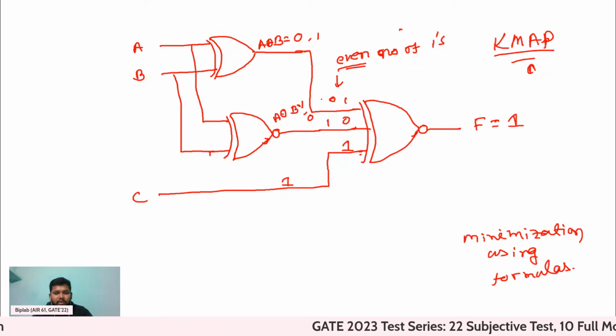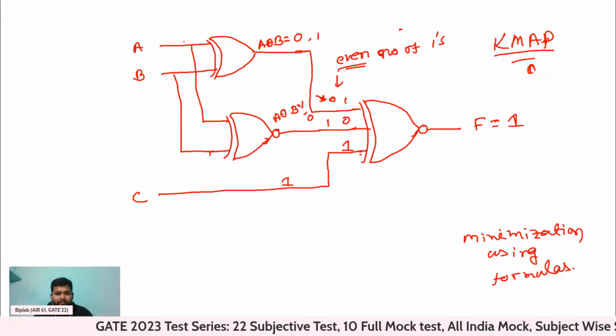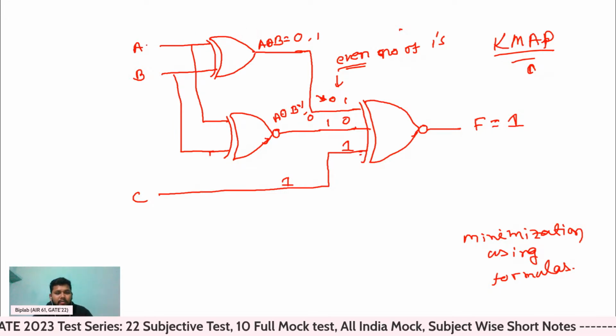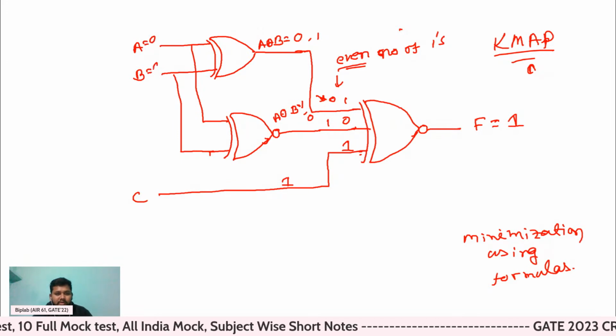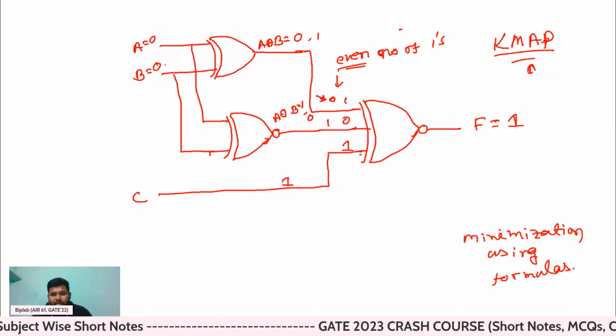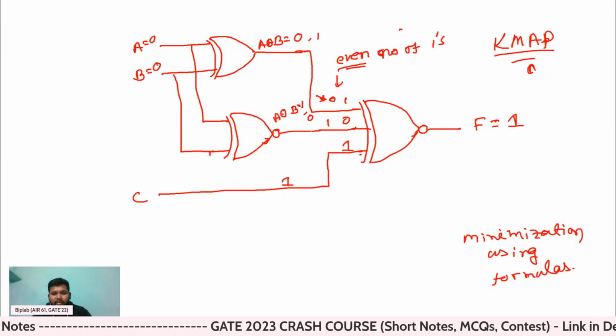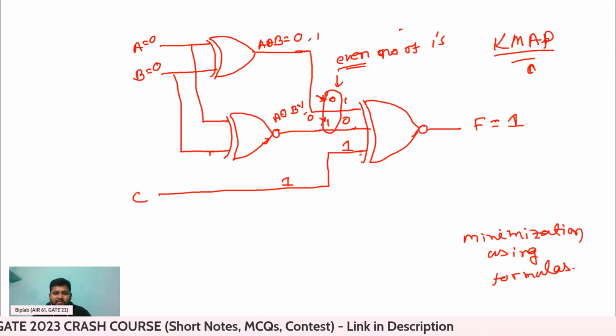If A or B is 0, that means your A value and B value can be 0, 0. If it is 0, 0, then your output of XNOR is 1, and so this is what you are getting. It is satisfying.